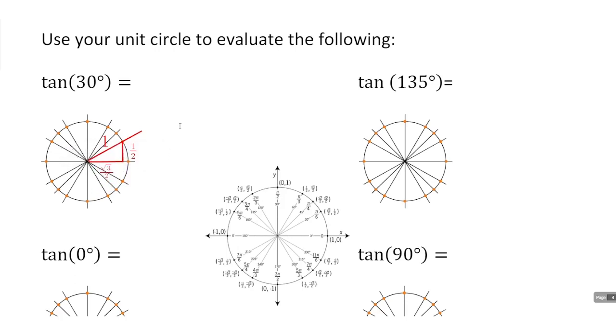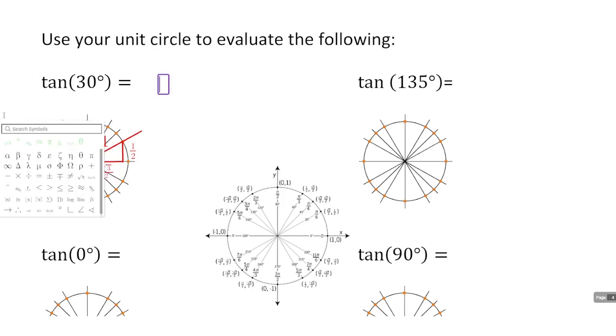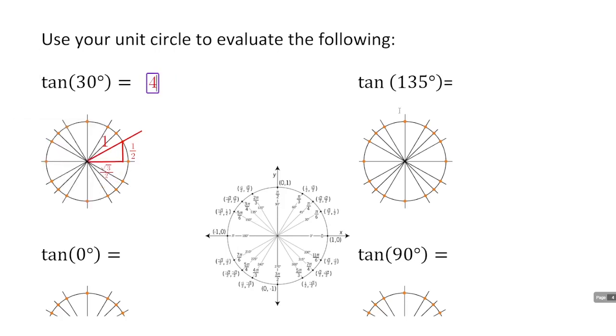Okay, so tangent is the opposite side divided by the adjacent side. So we would have, and I'm going to show you a shortcut here, 1/2, that's our opposite side, over root 3 over 2. I'm going to really break it down on this one, but for the rest of these I'll show you a little shortcut.